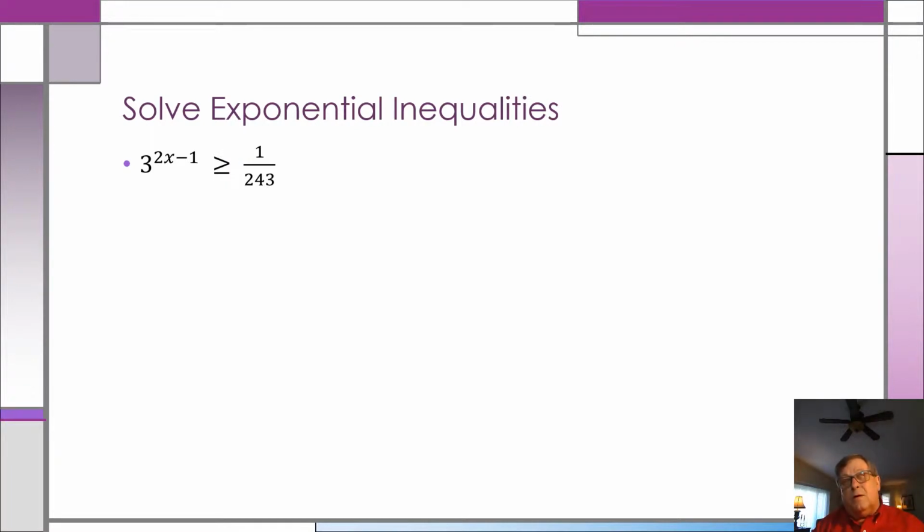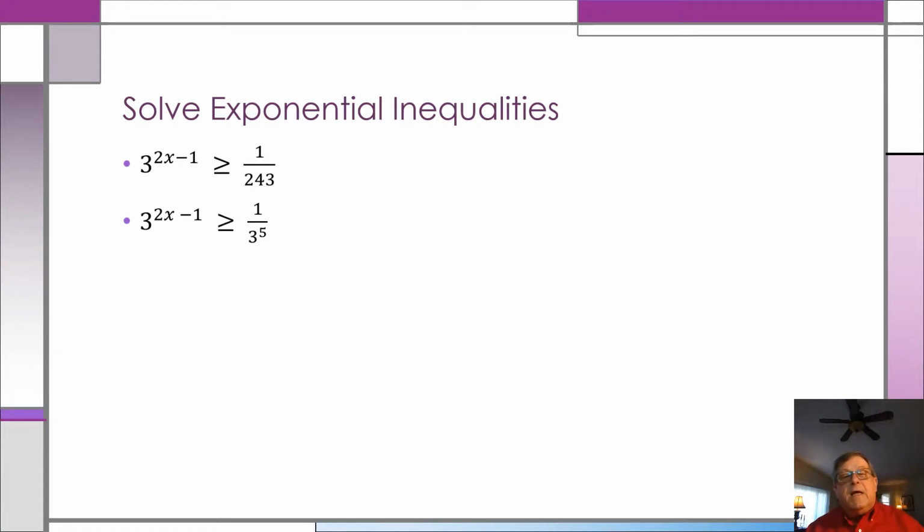I know 81 is 3 to the 4th, so that must mean that 243 is 3 to the 5th. So now I'm going to rewrite this so that 3 raised to the power of 2x minus 1 is now greater than or equal to 1 over 3 raised to the 5th power.